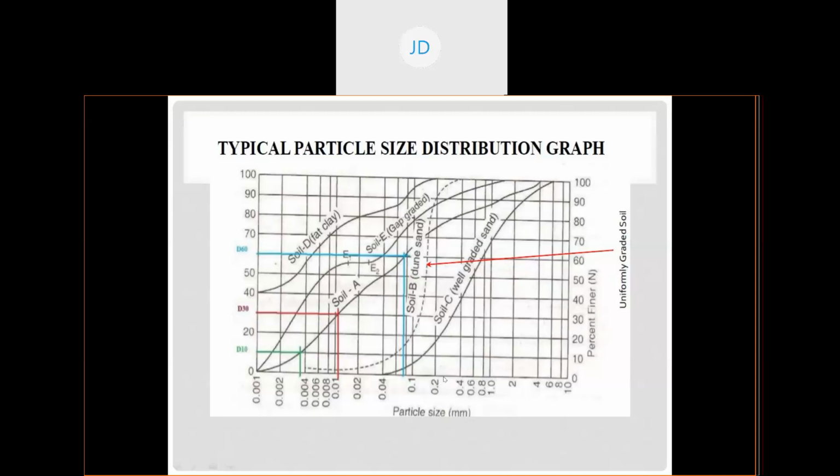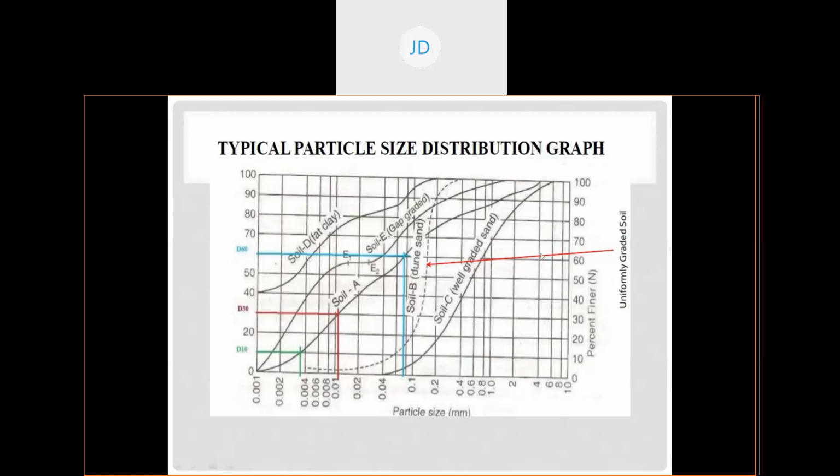For the sample tested in a laboratory, out of the whole weight of the soil, 30% of the soil has sizes smaller than 0.3 millimeter, or finer than 0.3 millimeter, because it represents percentage finer.